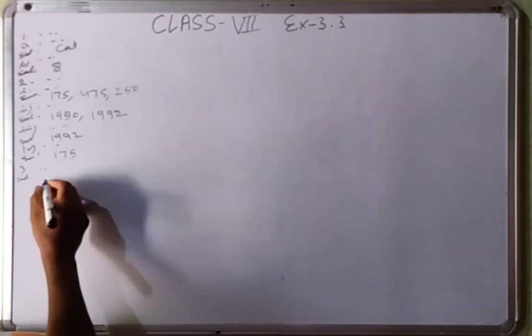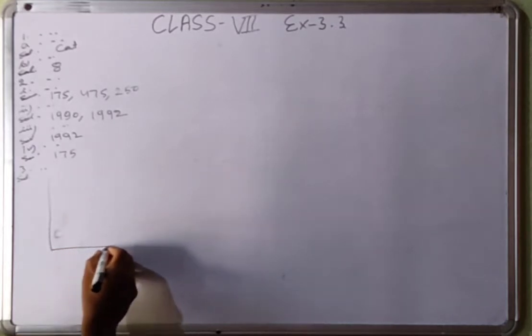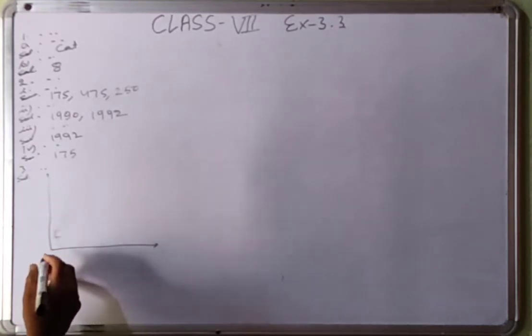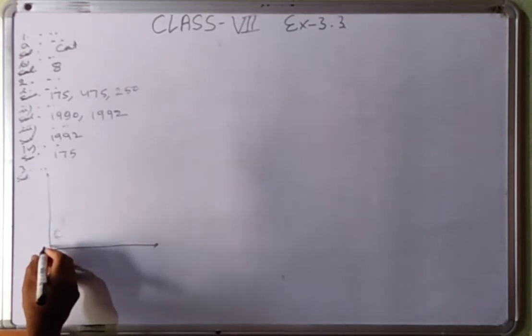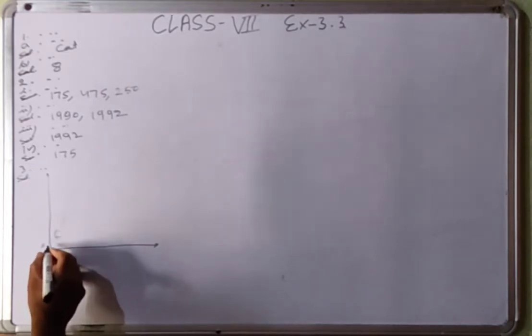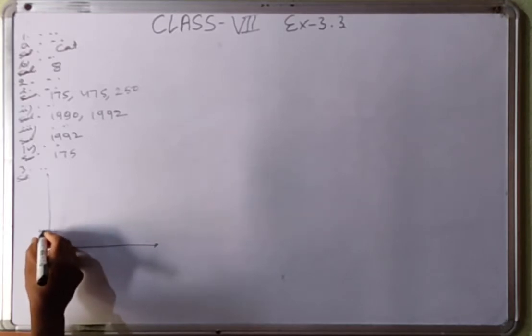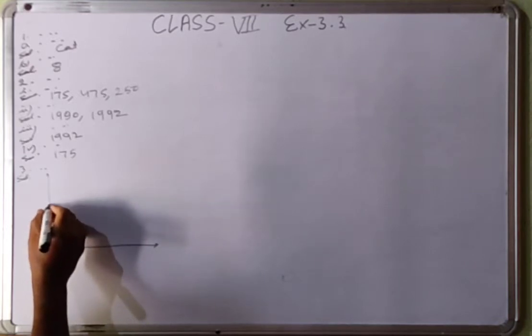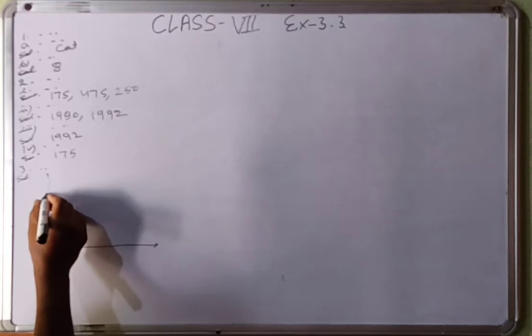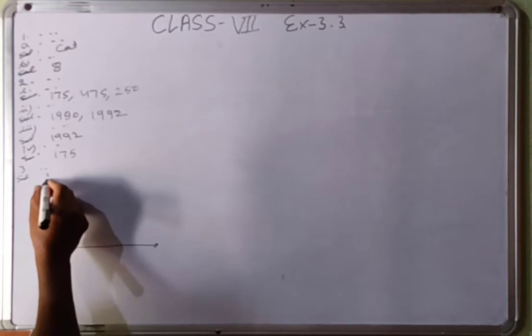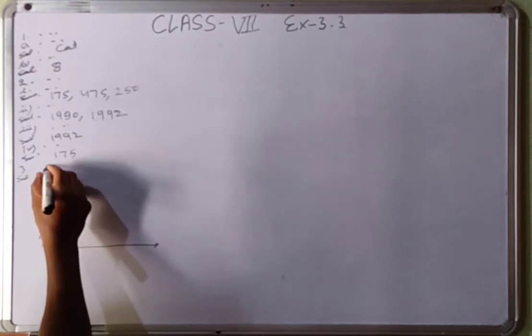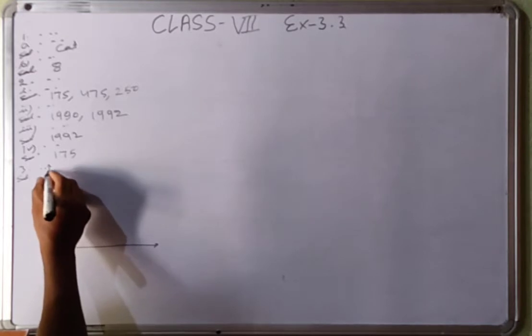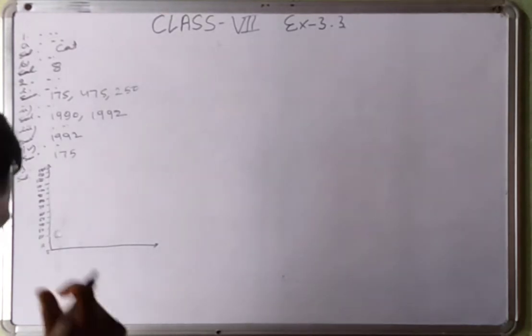We will draw the 2 lines, horizontal and vertical, and then we will write the table of 10: 0, 20, 30, 40, 50, 60, 70, 80, 90, 100, 110, 120, 130, 140, because the maximum is 135.